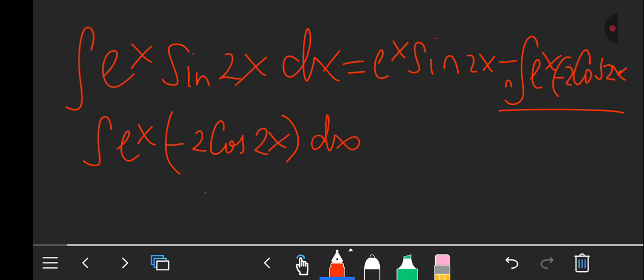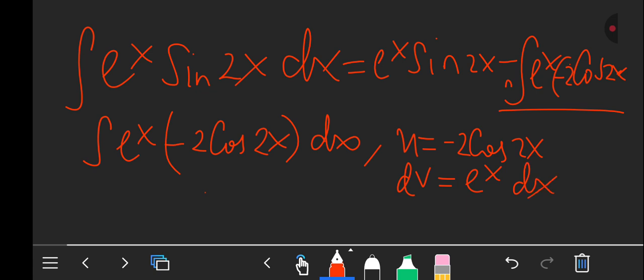I'll say let my u be equal to negative 2 cos 2x, then my dv equal to e to the power x dx. Then when I differentiate that, I'll get my u prime.